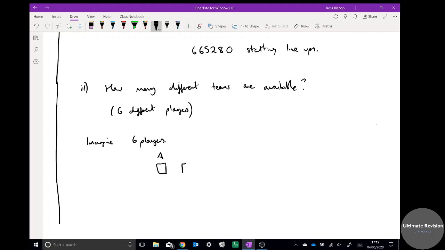Well, 6 different players. Did this earlier. So position A, B, C, D, E, F. Position A, there's 6 different options. Position B, there's 5, and you'll find that that is 6 factorial, which was 720. So for 6 players, there could be 720 different starting lineups.